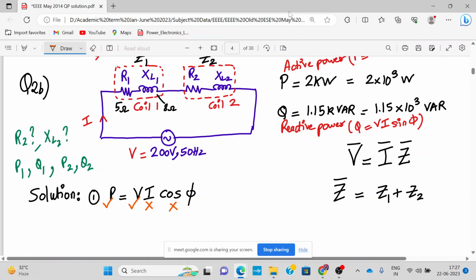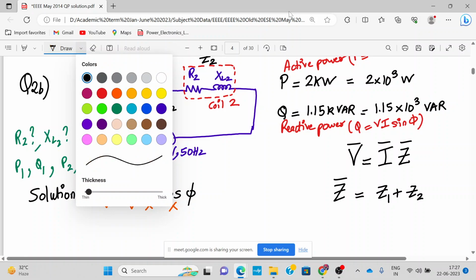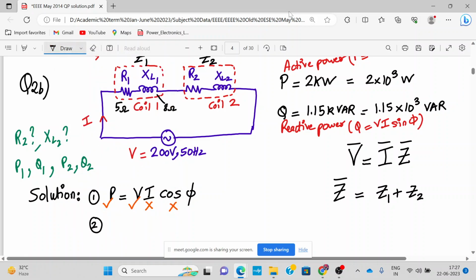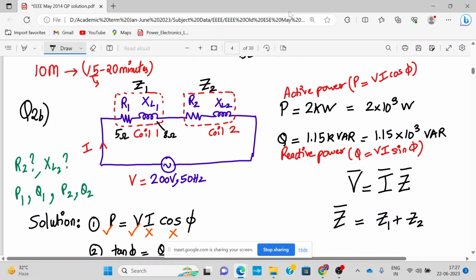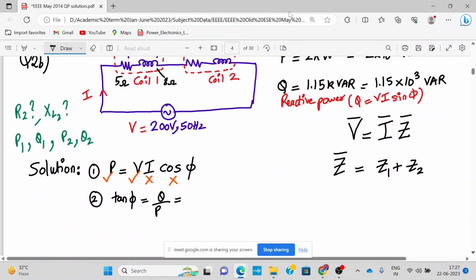No. So either we have to find current or we have to find cos phi. One of them we have to find and we can get the other. Did you understand? Now, how can we use this information? Any ideas, anyone? Can we do one thing? Can we say tan phi is given by Q by P? We can divide these formulas, VI sin phi divided by VI cos phi. Correct?